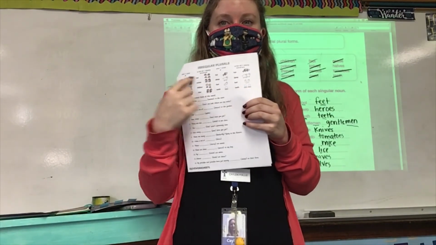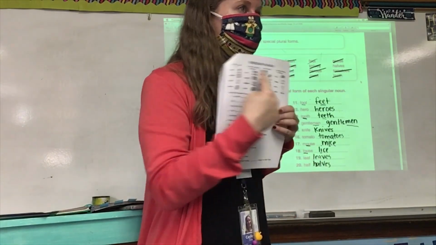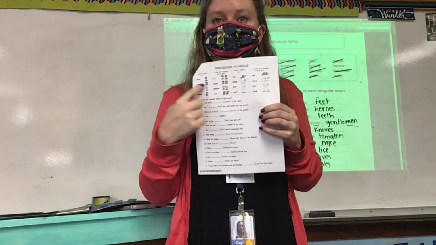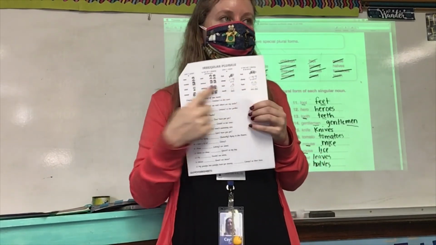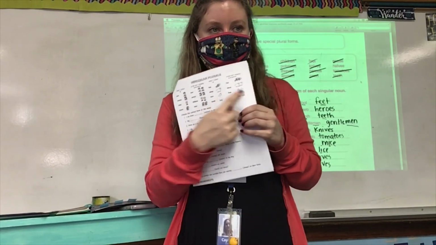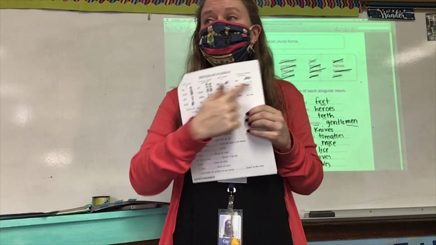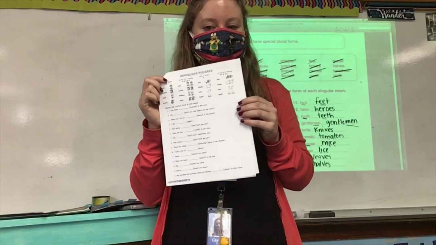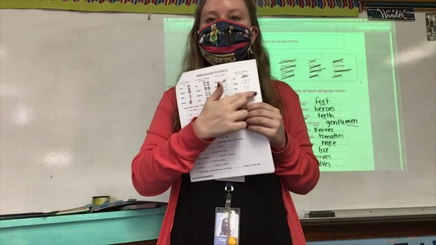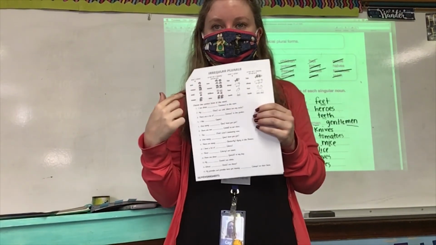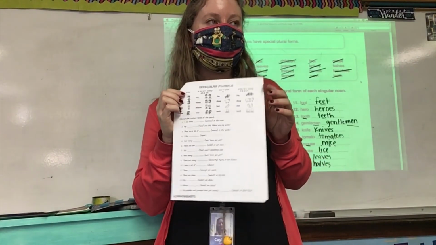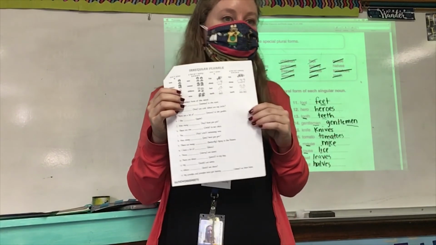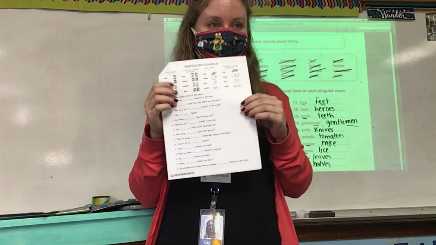I'll give you a hint. If you see the word up here, what does that mean? What type of noun is it? Regular or irregular? If you see the word up here, is it a regular plural noun or an irregular plural noun, Cullen? Irregular. If you don't see it up here, what do you think that means? What type of plural noun is it? If you don't see it up here in this word bank, what type of plural noun do you think it is? Cullen? Plural. What type of plural noun?